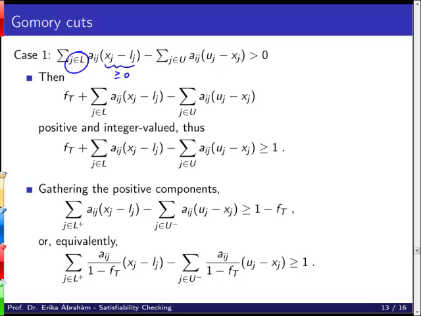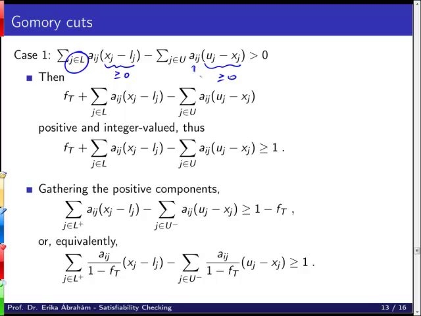And if it has an upper bound, then this will also be larger or equal to 0. Because these are simplex solutions, the values are always between the lower and upper bound. So each of these sums is larger or equal to 0 if the coefficients are positive, and less or equal to 0 if the coefficients are negative.